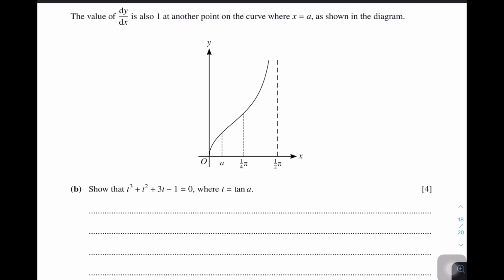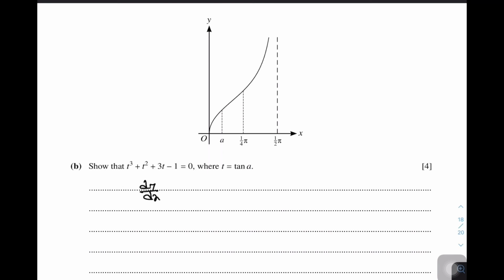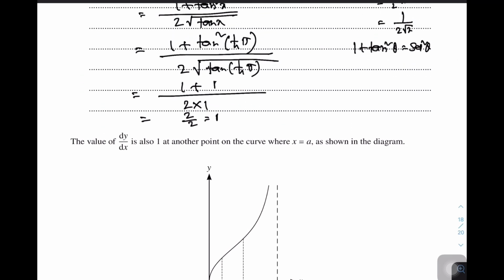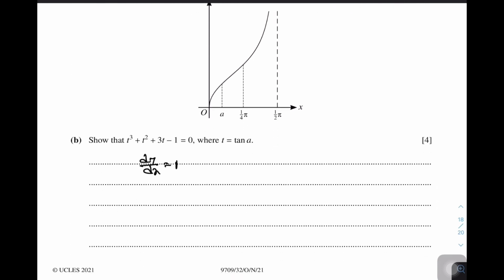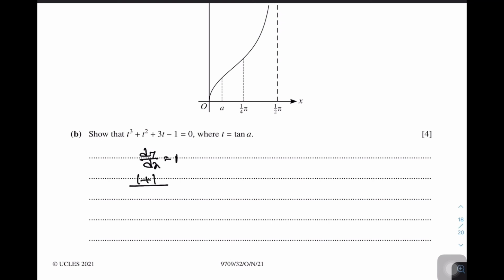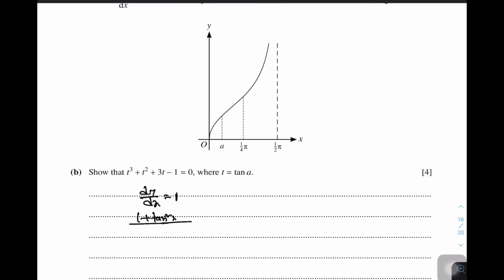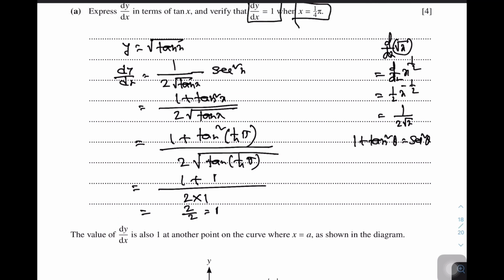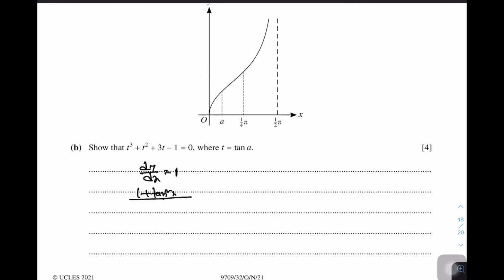at another point x equals to a. dy dx equals to 1. 1 plus tan square x divided by 2 root over tan x equals to 1. So let me plug in first. Let me consider this as x equals a.